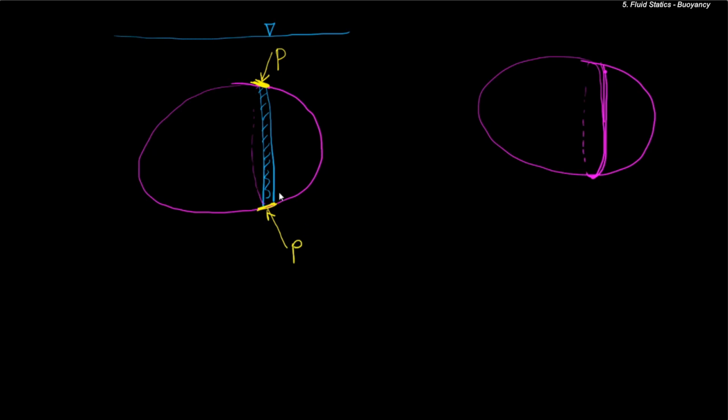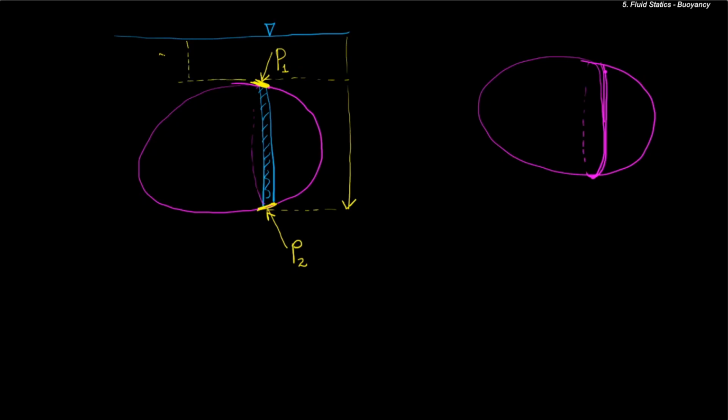Now arguably we know that the pressure at this particular point is going to be larger than the pressure at this particular point. Let us call the pressure at this point P1. Let us call the pressure at this point P2.